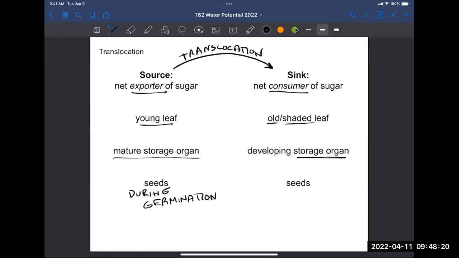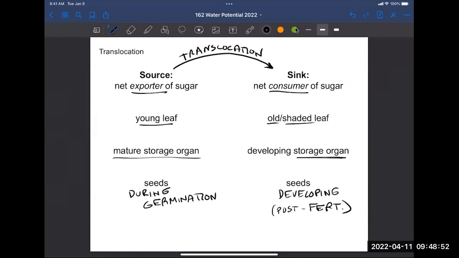Whereas a seed that is developing right after fertilization, post-fertilization, might be storing up sugars as it's developing. So again, with the source-sink relationship, you can't just easily put things into one category or the other. But in every case, we have to be able to move sugars from the source to the sink.